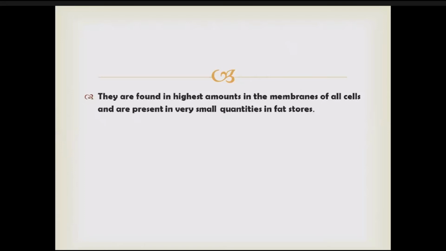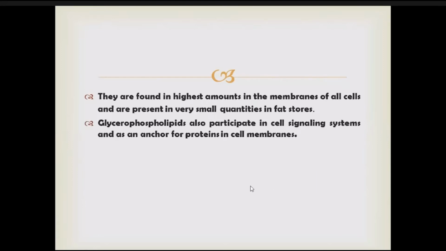They are found in highest amount in membranes of all cells, and are present in very small quantities in fat stores. Primarily, they are found in highest amounts in the membranes of all cells, and they are present in very small quantities in fat stores.